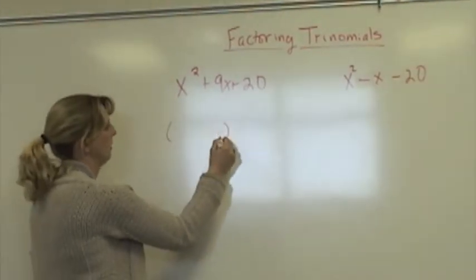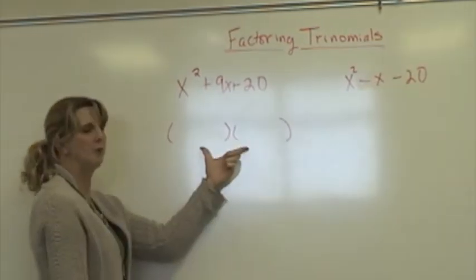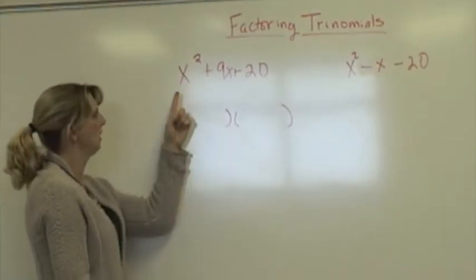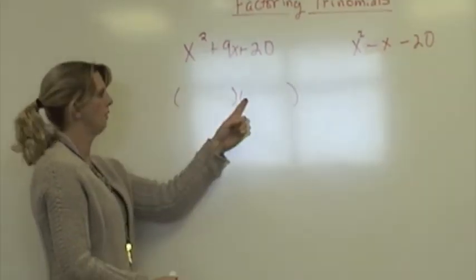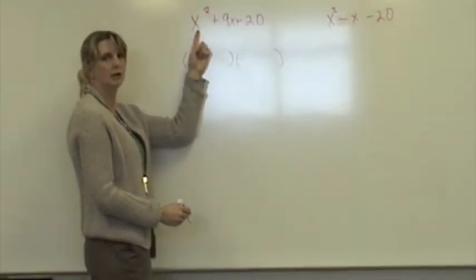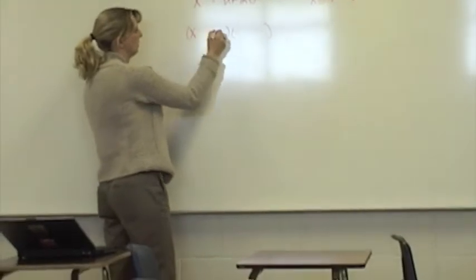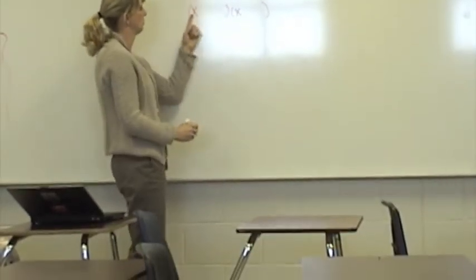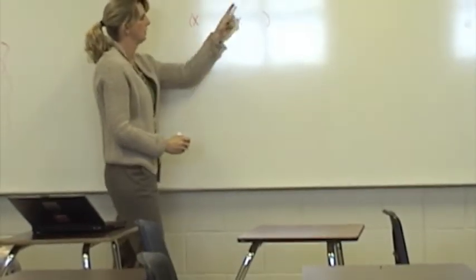If you remember, we'll get set for our 2 binomials. We know we have to do the first 2 in each parenthesis to equal x squared. So the square root of x squared is x and x.